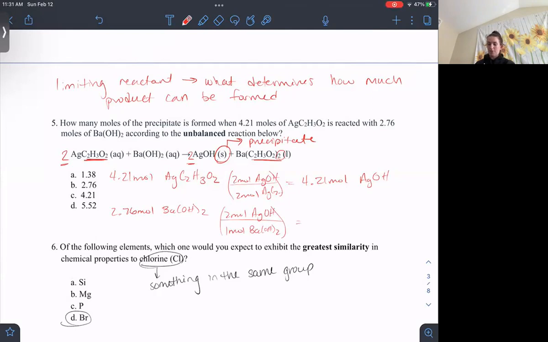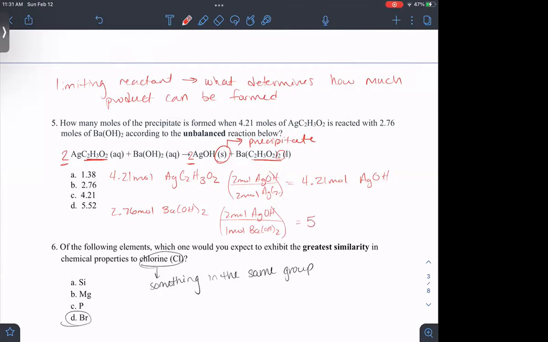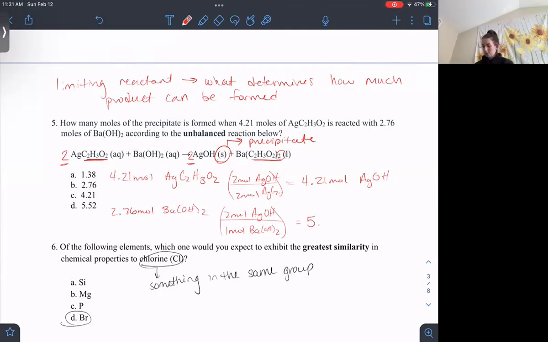And what do we get for our number of moles produced here? 5.52 moles of silver hydroxide.